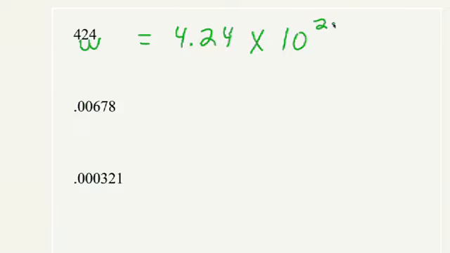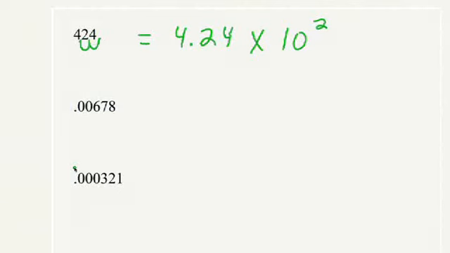Now let's look at some small numbers, some numbers smaller than 1. And so we're thinking negative. That's right. So these will be negative exponents. You'll also notice that in these cases, the decimal point gets moved to the left. Again, I'm looking in here for a number between 1 and 10. That number is 6.78.